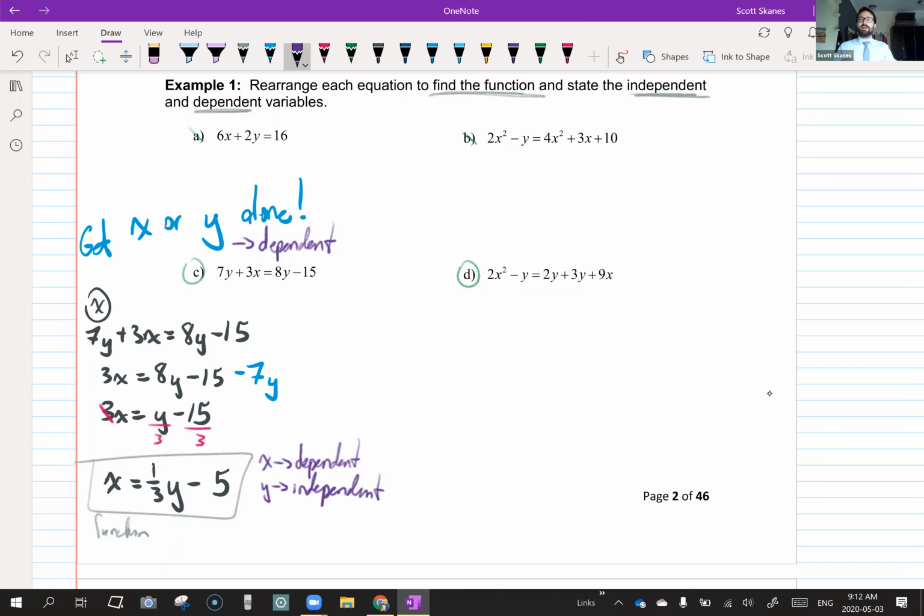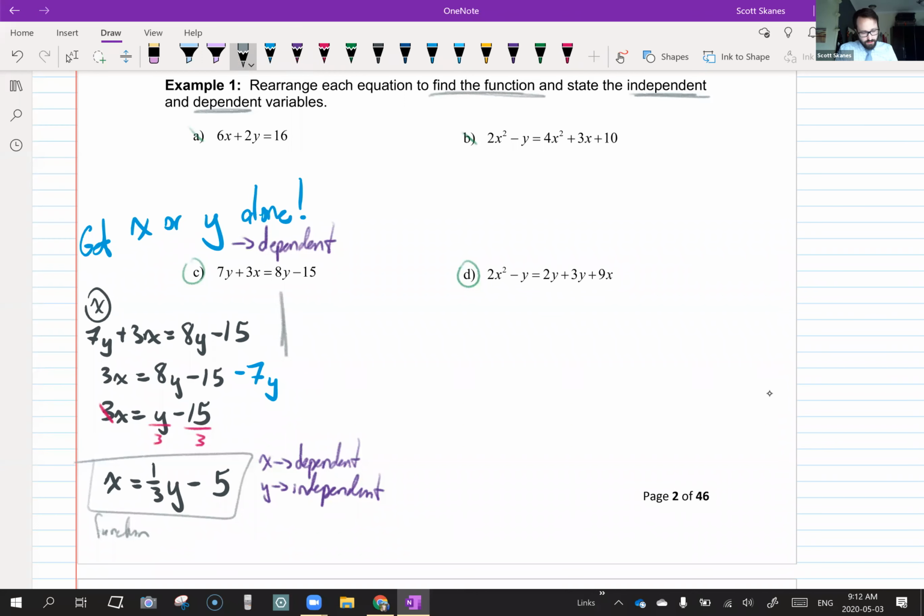It does not depend on anything. We can put 100 in there, right? 1 over 3, if I put 1 over 3, multiply by 100, minus 5, it gives me a number back. I wasn't restricted to what I was allowed to use for Y. I can put whatever I want. Of course, X is whatever gets thrown back. It's the dependent. It depends on what I put in for Y.